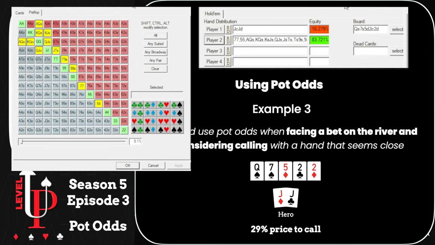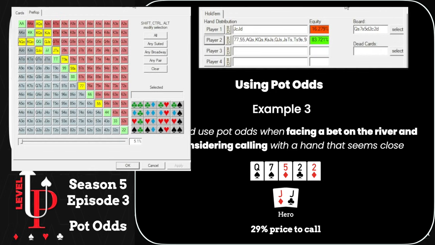At first, I'm going to be really pessimistic about this player's range. In other words, I'm going to assume they have mostly strong hands and will very rarely have a bluff. I've given this player a pair of queens with a jack kicker or better, so ace queen, king queen, or queen jack, and I've given him a handful of missed flush draws like king jack of spades and jack 10 of spades.